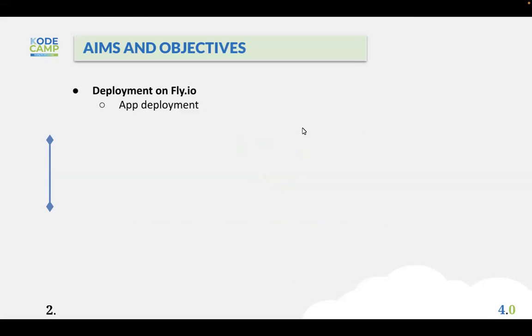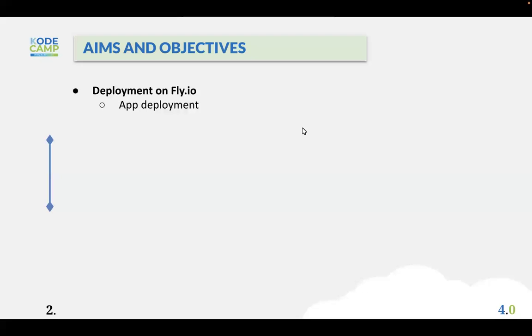In today's class, we introduced Fly in our previous class. We deployed our Casey Notes app, the one we built with Node.js, but then failed to persist data. Because we don't have enough time, we will not try to persist data either.